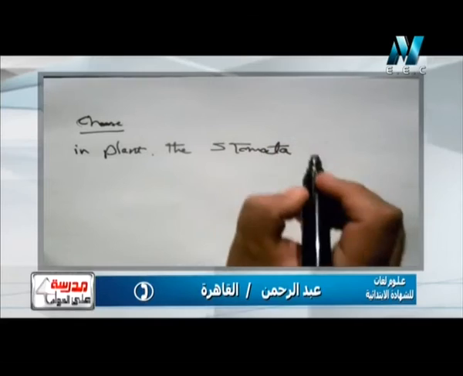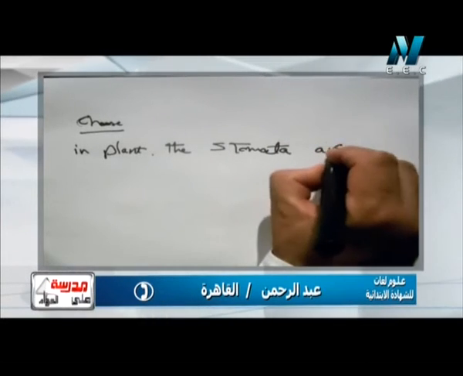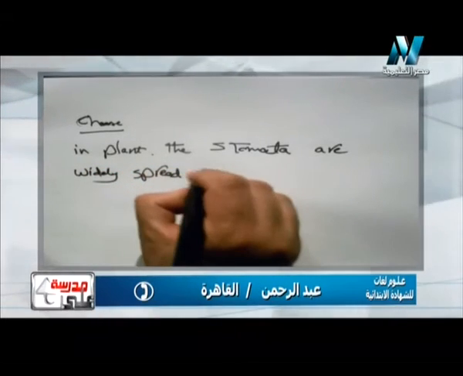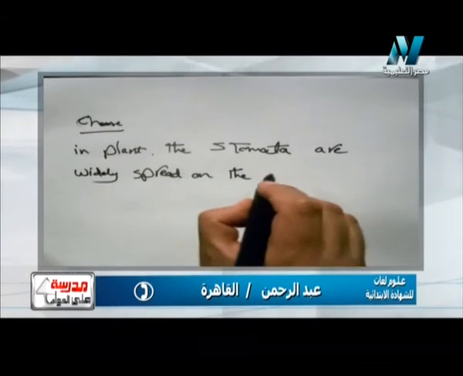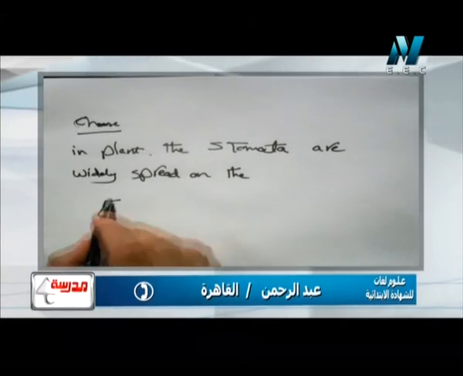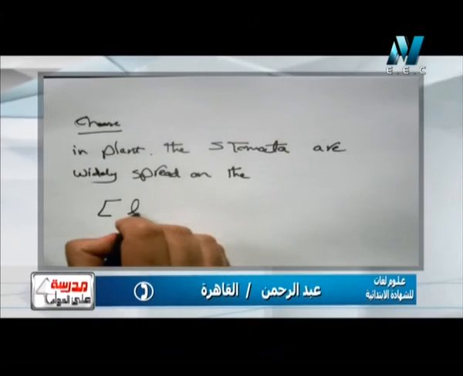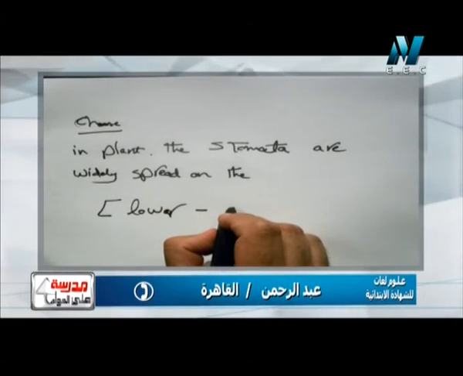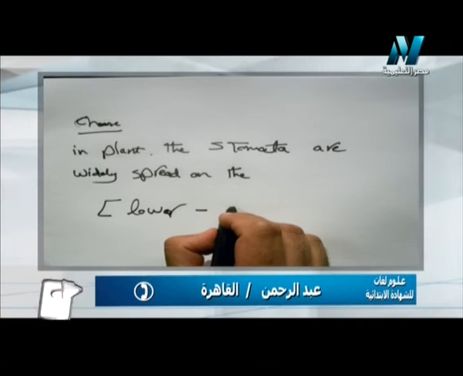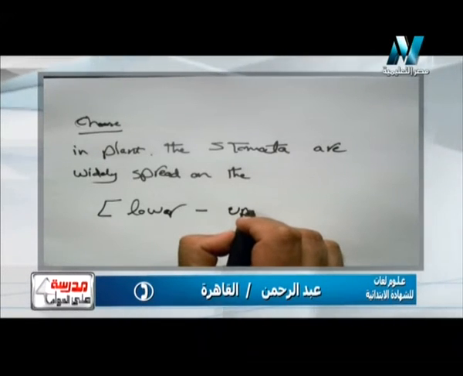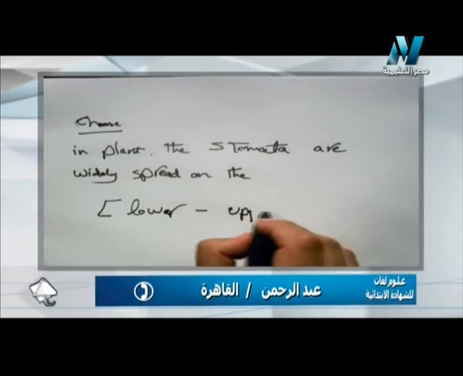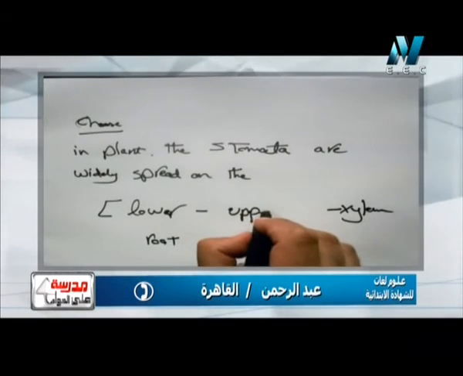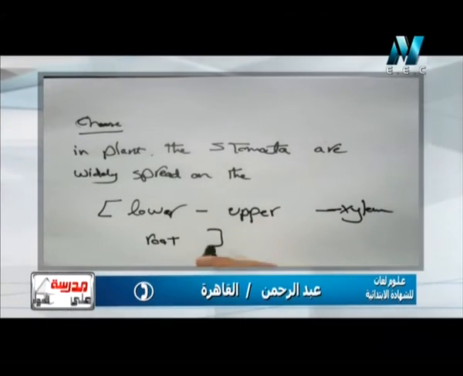The stomata are widely spread on the... lower, upper... the lower surface of the leaf, the upper surface of the leaf, xylem tissue, the root. And I add upper layer, Abdurrahman, from myself.